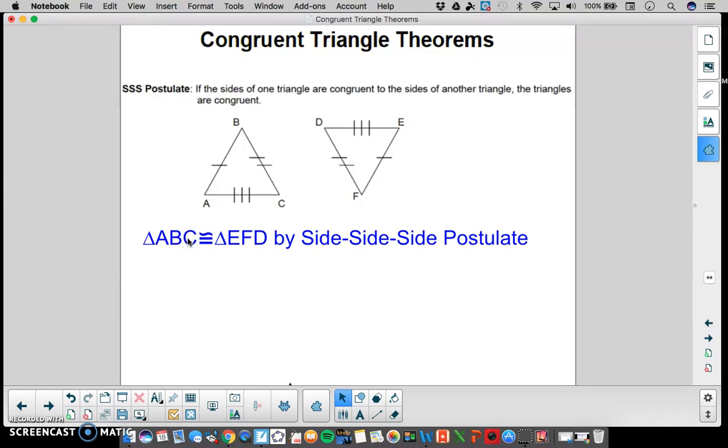So we would say triangle ABC is congruent to triangle EFD by side-side-side postulate. Now we know that AB matches with EF, so that's why we have these in that specific order. We have to match up the right pieces in our congruent statement.